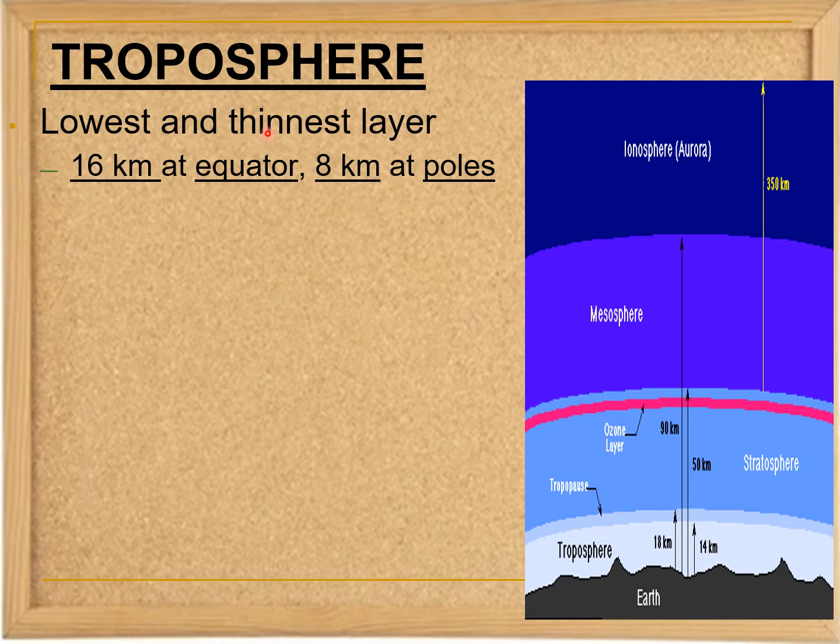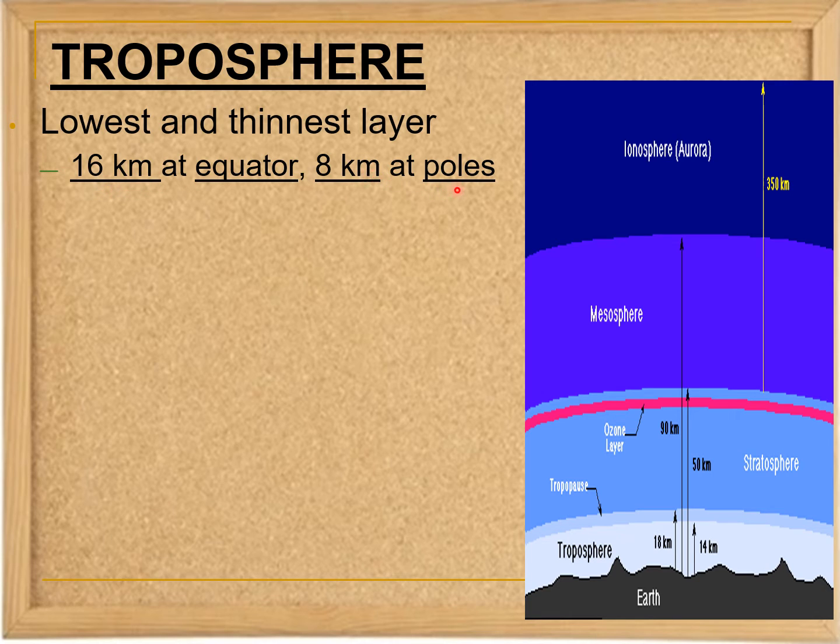Near the equator, which is an imaginary line that divides the Earth into north and south, we have countries like Thailand, Indonesia, and the Philippines. Near the equator, the troposphere height is about 16 kilometers.